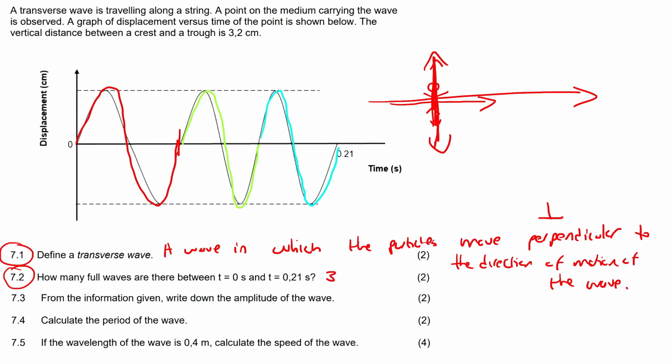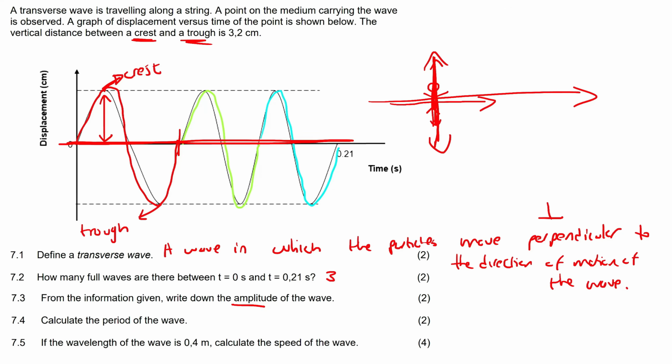Okay, now from the information given, write down the amplitude. For amplitude, you've got to take the middle position, which is over here, and then you've got to look at this distance over there. That's the amplitude. But now they haven't given us everything. They did say that a graph of displacement is shown below. The vertical distance, okay, but now be careful. The vertical distance between a crest, the crest is the top one, and a trough, that's the bottom.